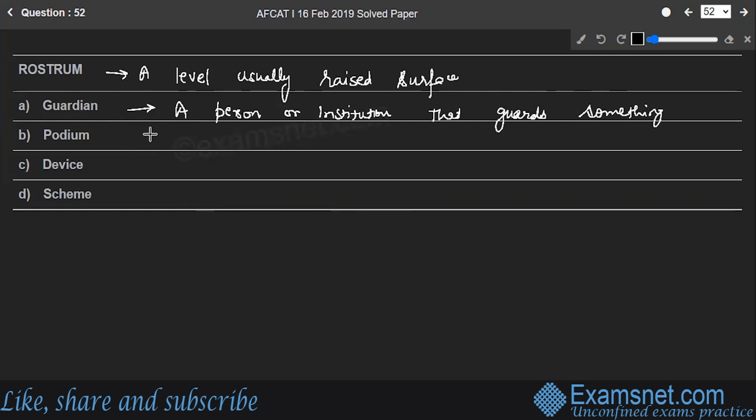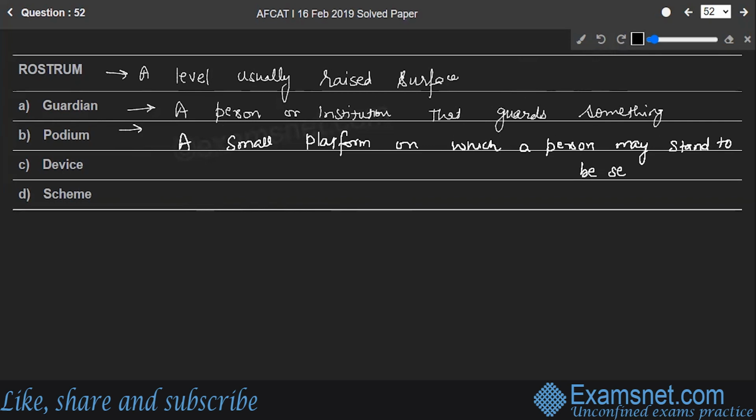Then is the word podium. It means a small platform on which a person may stand to be seen by audience.